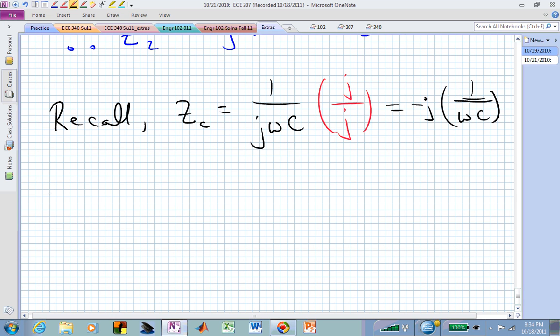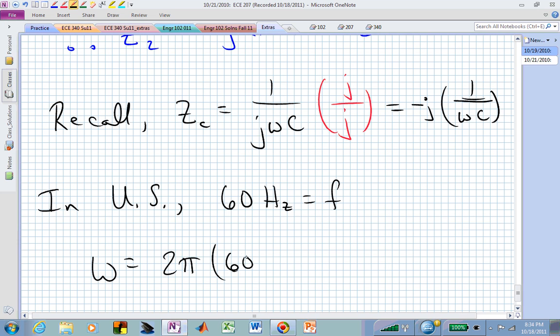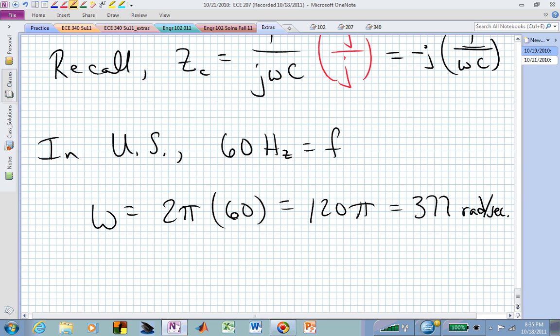In the United States, for example, we have a line frequency of 60 hertz. That means that our angular frequency in radians per second is 2 pi times f, or 120 pi, or if we do the math, that's now 377 radians per second. That's omega. If that's now omega, we have everything we need.